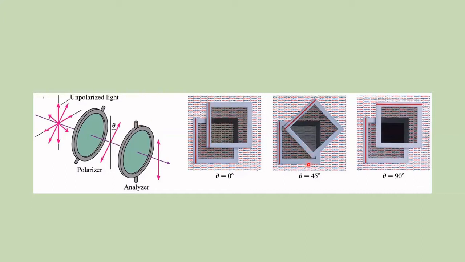Do you notice that when the angle is 45, less light is passed through both filters than was passed through the two that were aligned? And when they're so-called crossed, when you have crossed polarizers, no light can get through. Of course, that's only true for ideal filters. Real polarizing filters don't necessarily block 100% of the light.